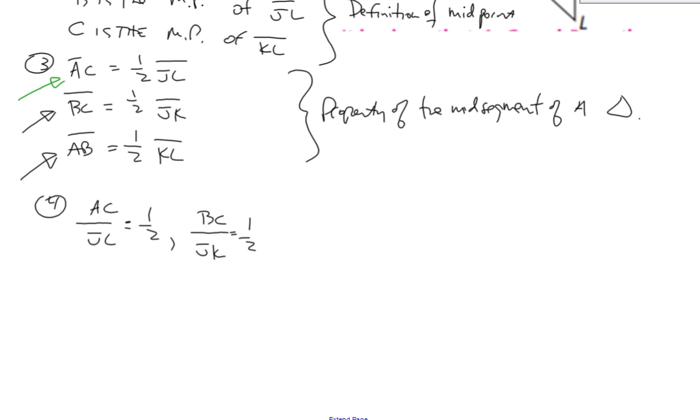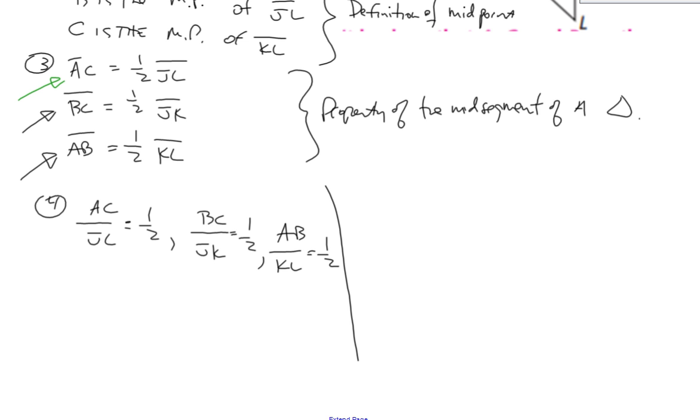Remember, I would be dividing both sides of my equation by JK. So BC over JK is the same thing as 1 over 2. And I can also say that AB over KL is equal to 1/2.